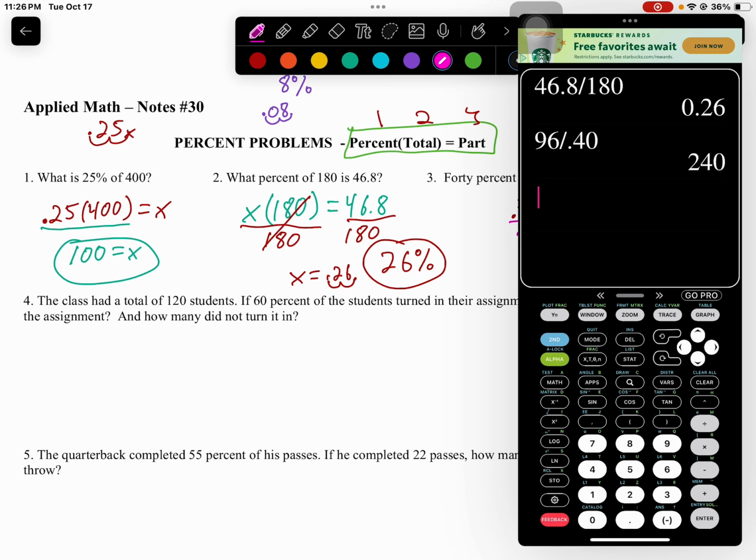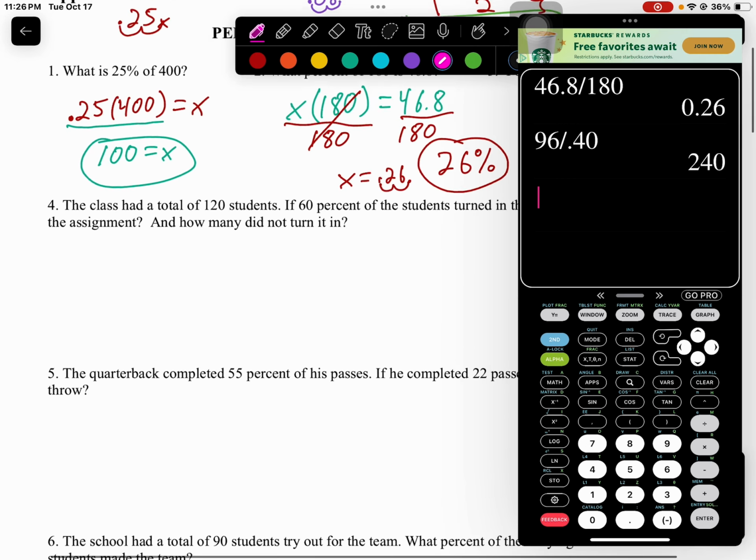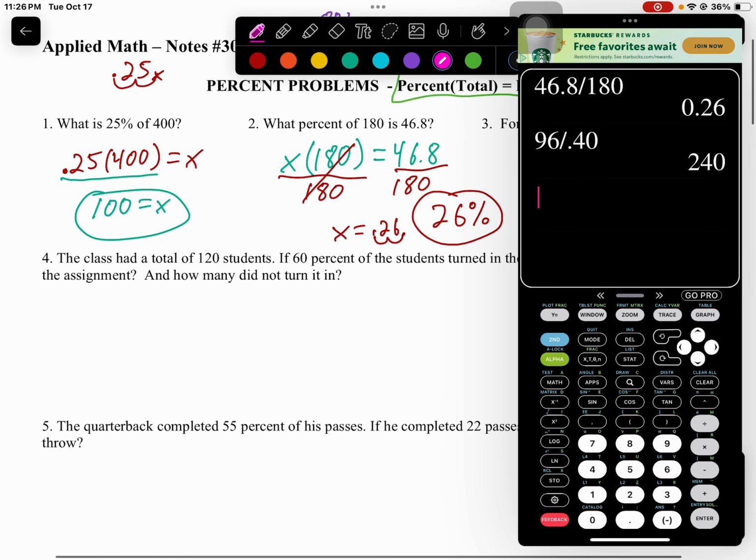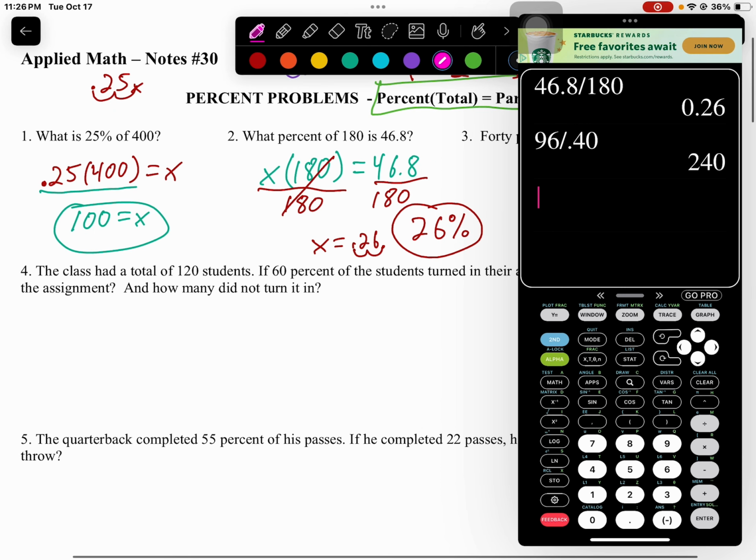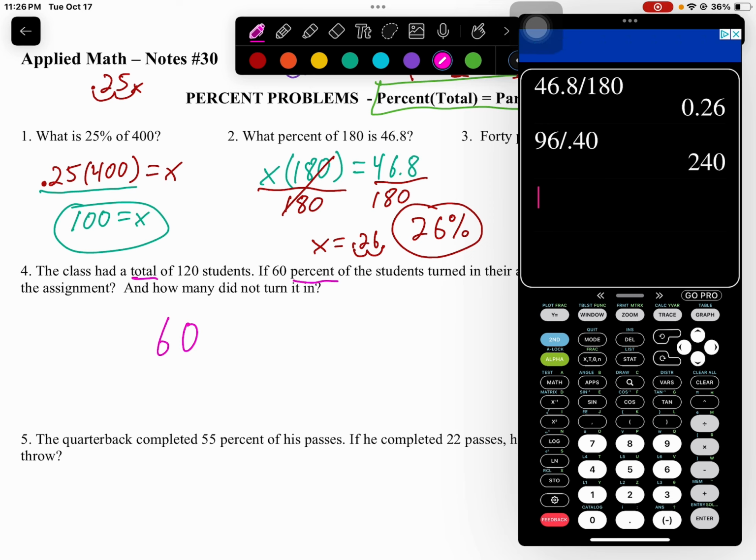And then there's some word problems here too. I'll do a couple, then we'll be done. I'll let you finish the page. But look for the key words. You have total, and then you have percent. So let's put those in. I got 60%, so it's going to be 0.60.